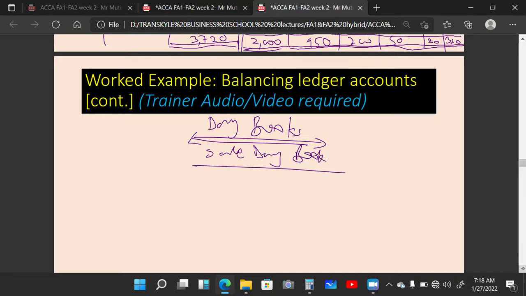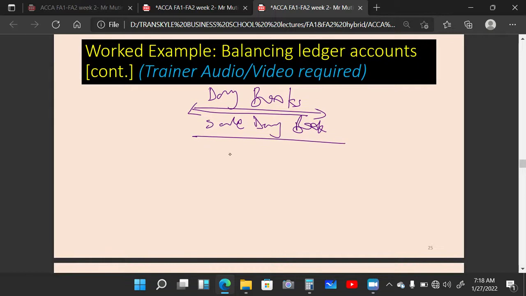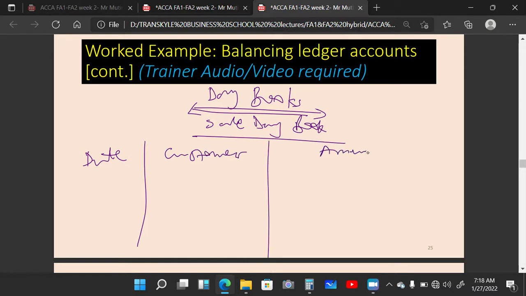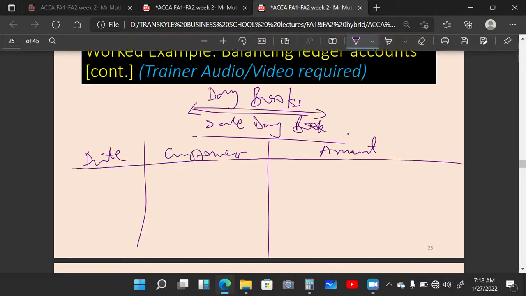Just simple information here: the date, the customer, and the amount. Don't worry about the tax and such, which you talked about earlier. In this case it's not necessary for now.